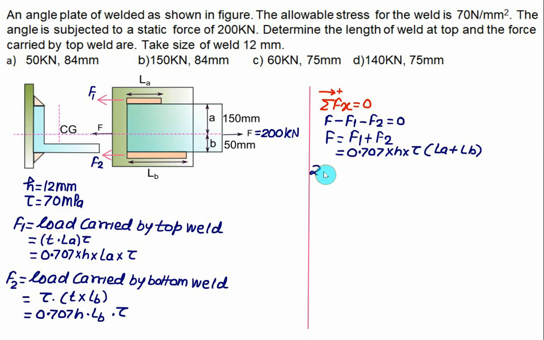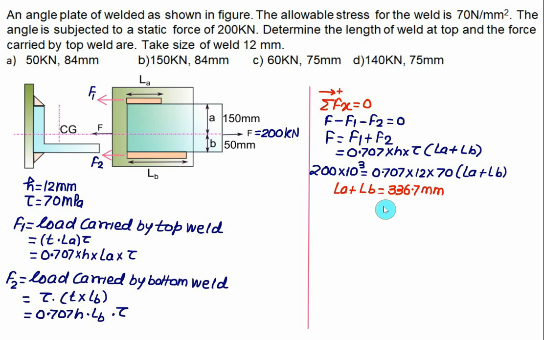So we have 200 multiplied by 10 to the power 3 Newton is equal to 0.707, leg size H is equal to 12, and shear stress tau is equal to 70, multiplied by LA plus LB. Solve this, you will get LA plus LB, that is the total length of weld from the top and bottom, is close to 336.7 mm.